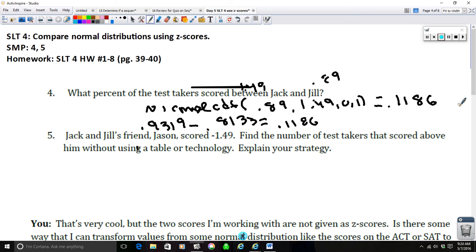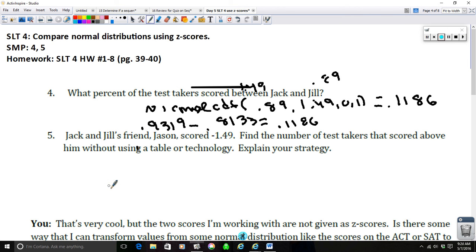Jack and Jill's friend Jason scored negative 1.49. Find the number of test takers that scored above him without using a table or technology. So one thing you could do is look at your 68, 95, 99.7 rule and approximate from there.